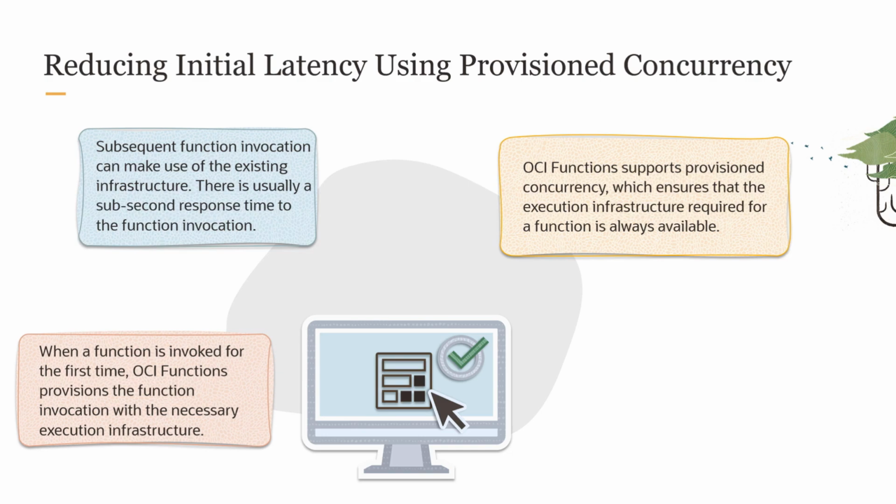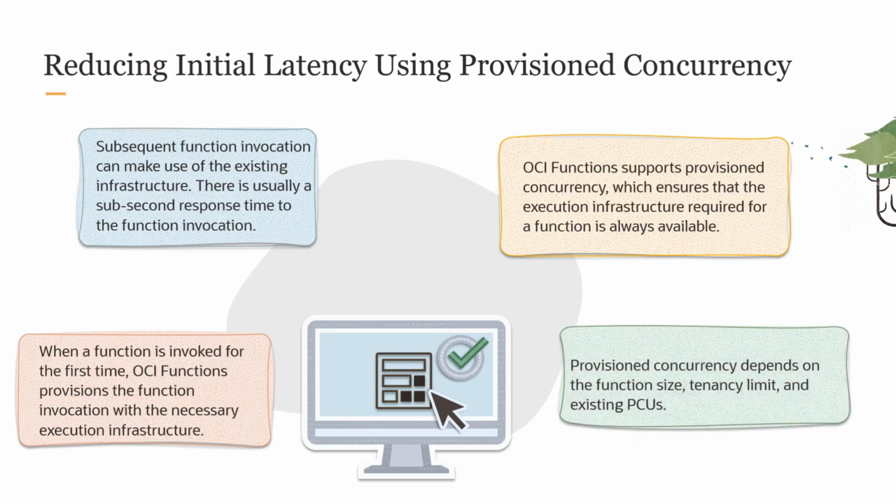Provisioned concurrency allows OCI Functions to always have the necessary execution infrastructure ready for a certain minimum number of concurrent function invocations. This is measured in provisioned concurrency units, or PCUs.